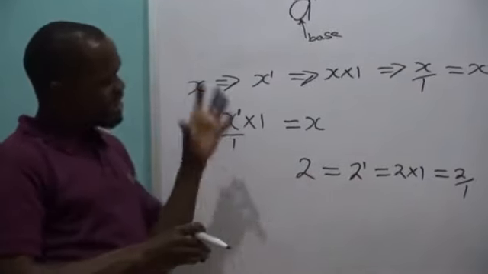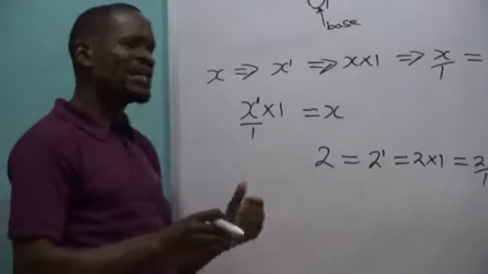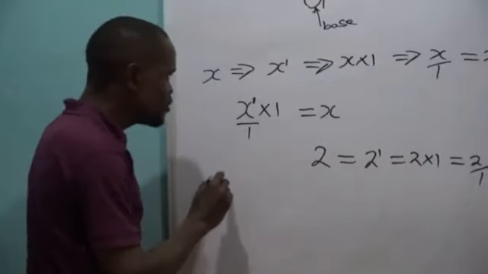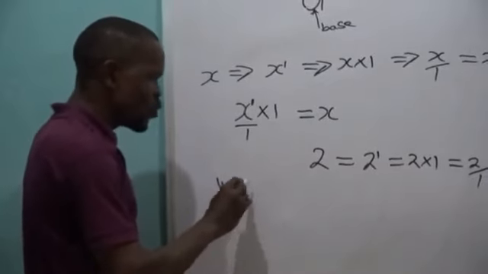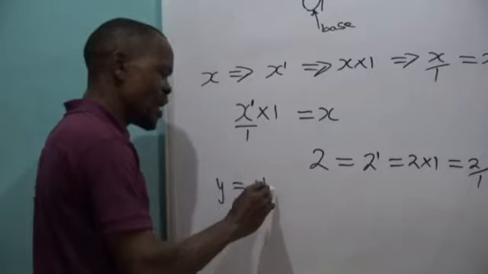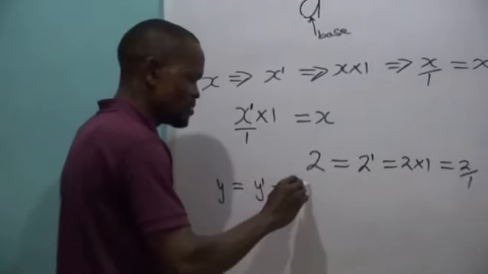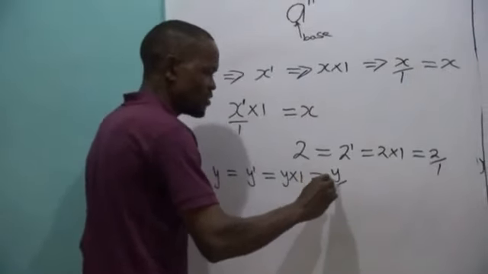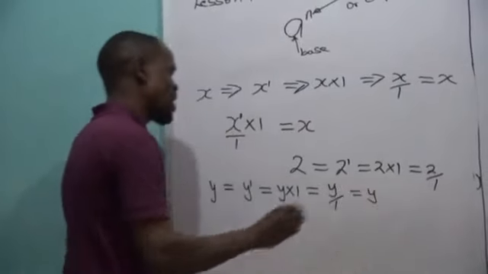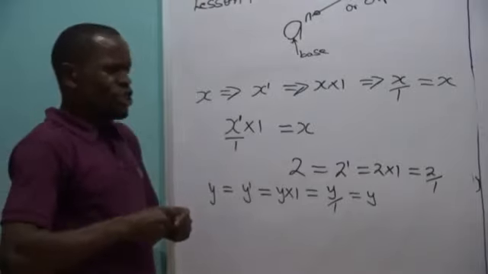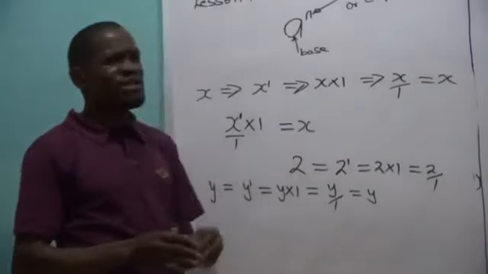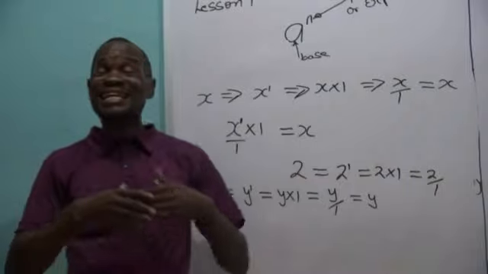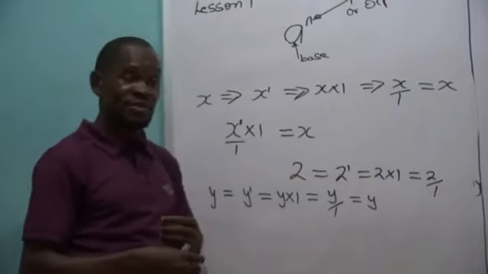So whenever I write any term, I know that this surrounds the term. If I write this y, I know that this y is raised to power 1, times by 1, and divided by 1. And my answer is y. Alright, you that is watching this video, you are raised to power 1 multiplied by 1, and that's how I see you as a human being.